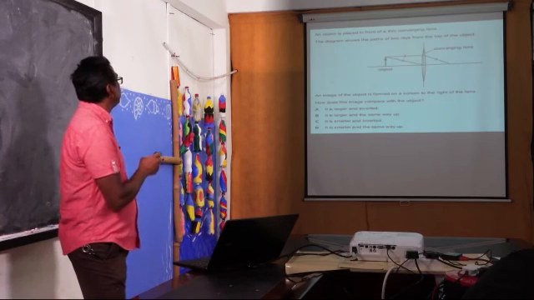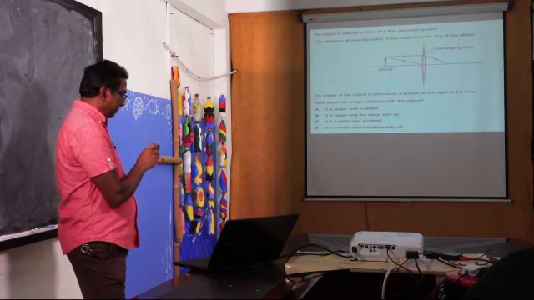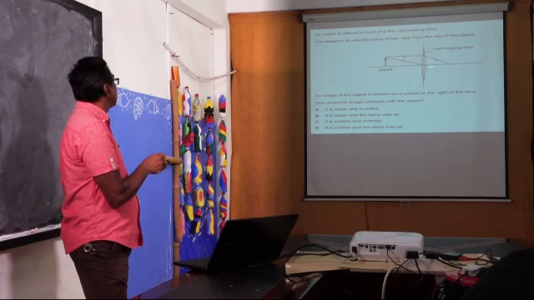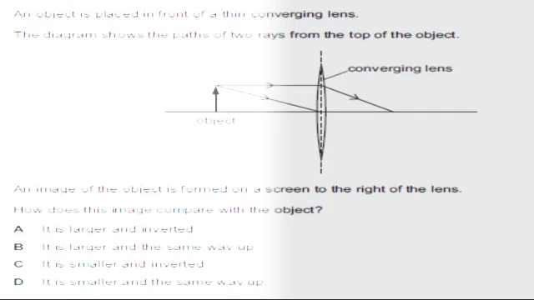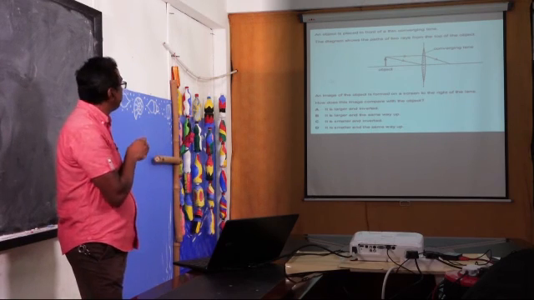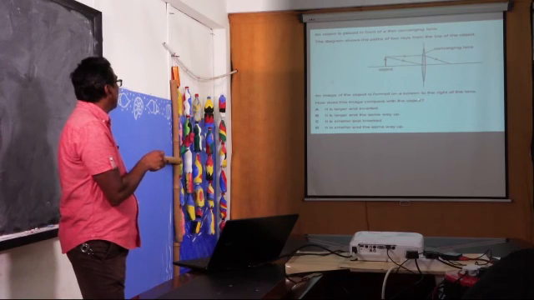Another question. Object is placed in front of a thin converging lens. The image of the object on the screen is on the right of the lens. How does the image compare with the object?